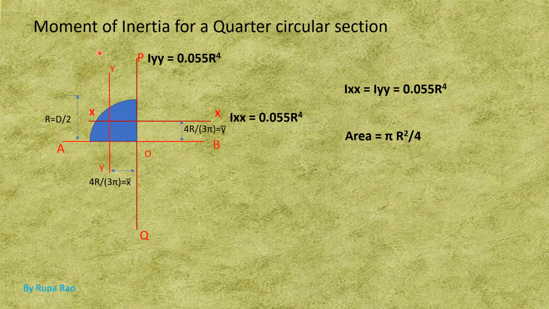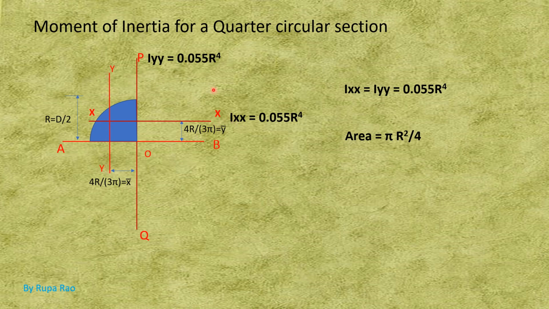Let us come to the next, moment of inertia for a quarter circular section. Now if this is a quarter circular section, the centroid is here. From this center O, it is at 4r upon 3 pi in the vertical direction here, and this horizontal distance is also 4r upon 3 pi. This is x bar, and this is y bar, and this is the centroidal axis xx here, the horizontal axis, and this is the centroidal axis yy here.